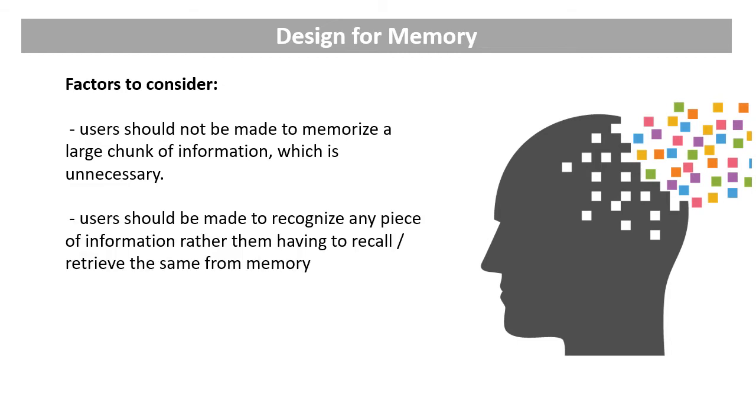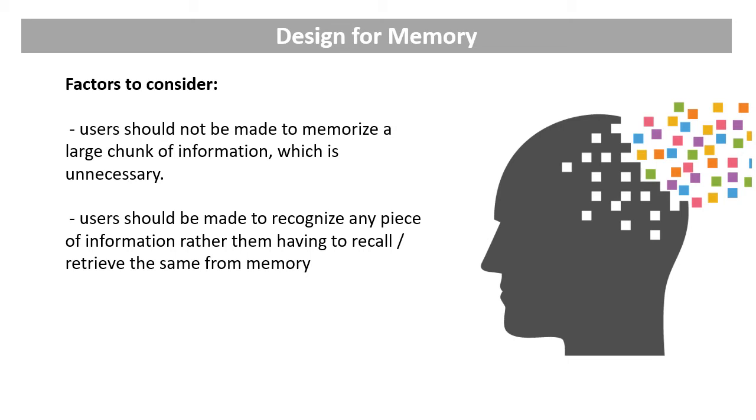The second is that users should be made to recognize information rather than having to recall or retrieve it from long-term memory. An example of recognition is if I ask you, is Itanagar the capital of Arunachal Pradesh?